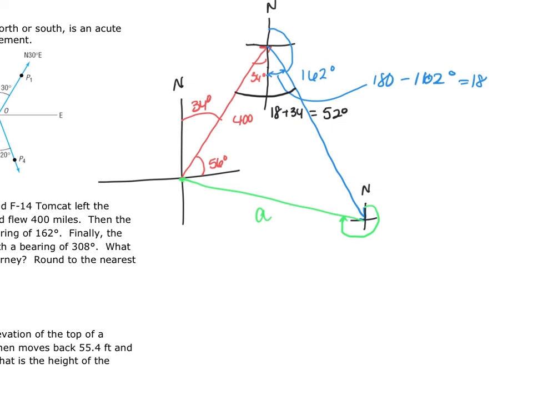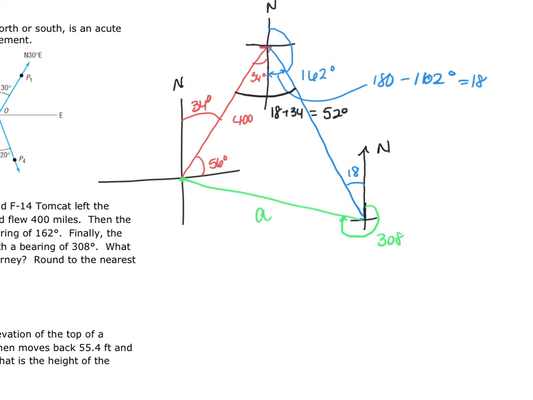Now we're going to go back to the alternating interior angles. Let me erase this so I can make my north larger. All of my norths are running parallel. If that other one is 18, then this one has to be 18. Now, I know that I did a full 308 degrees off the north.